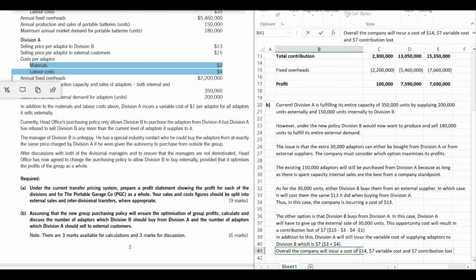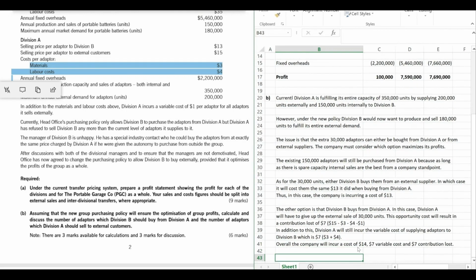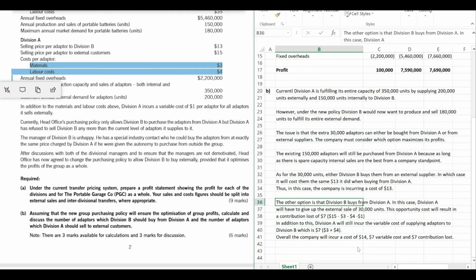Let's just keep it at that, right? Okay, so in our two scenarios, either the company is going to incur a cost of $13 from B buying externally, or they're going to incur a cost of $14: $7 for A to get the adapter for B, and $7 they lose on not having sold the adapter to any external supplier, external customer, right?